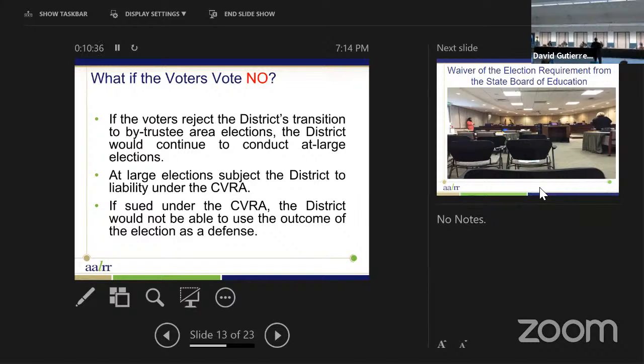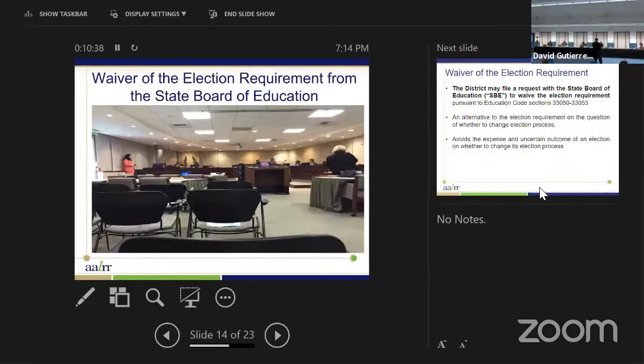You apply for the waiver that says, we've done all this stuff, we're going to apply to the state board to waive the requirement that you have a vote in the community. And the State Board of Education, we have yet to have one not approved because they know that we've gone through 5 meetings plus gone through the county to get to this stage.